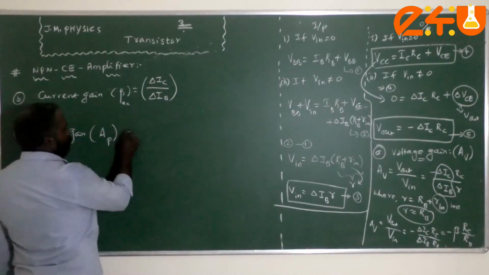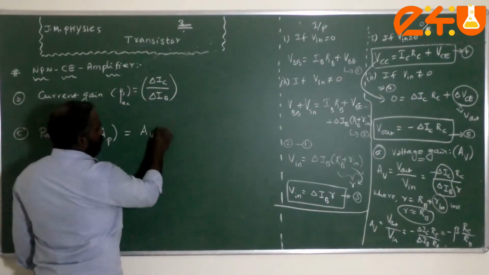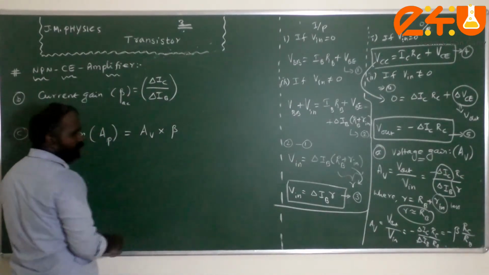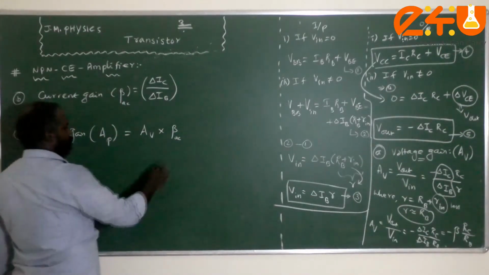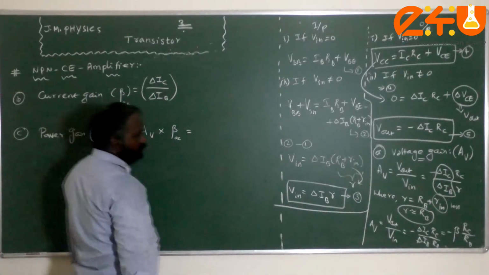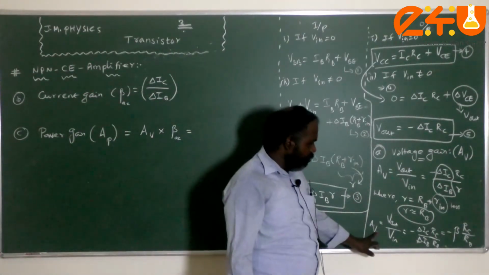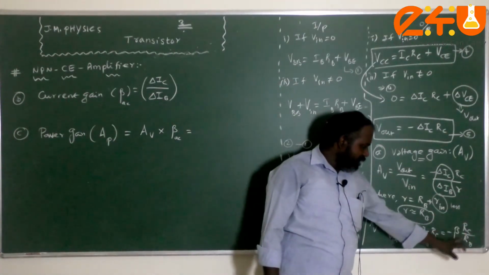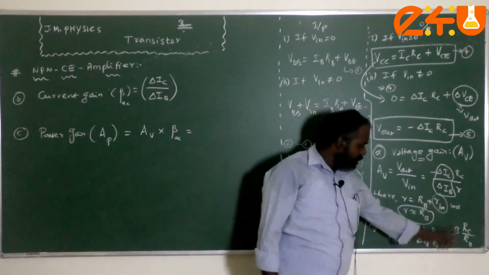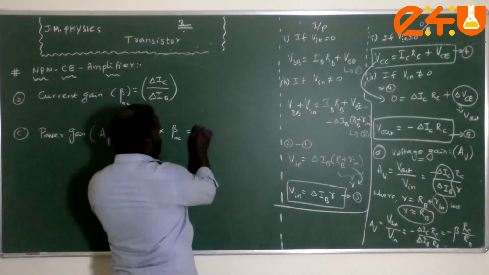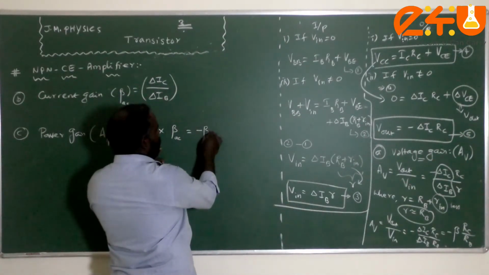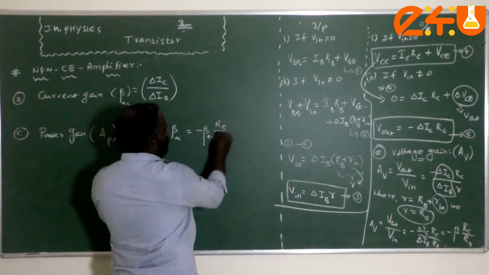So here I can write AV, which we already wrote as minus beta AC RC by RB.